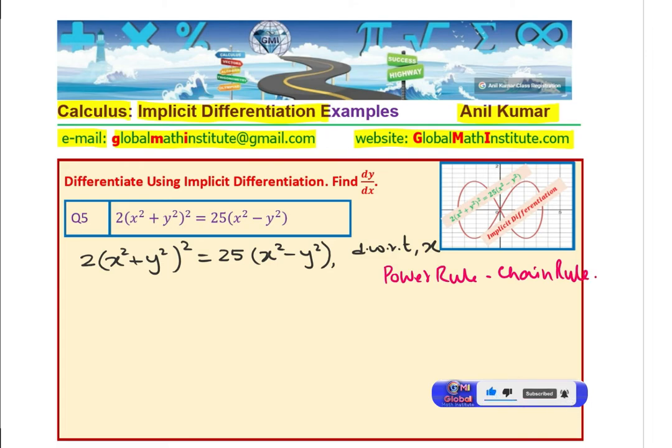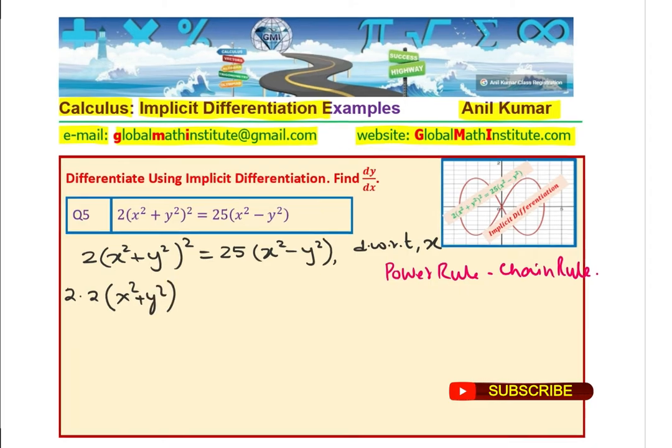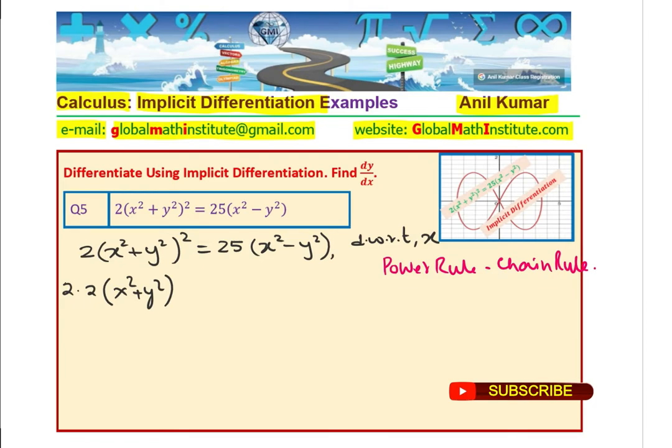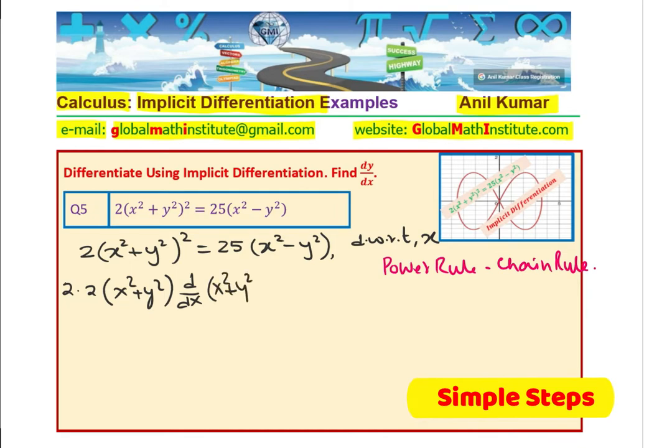So what we get here is 2 times x squared plus y squared to the power of 1 times d dx of inside function, right? On the right hand side, we get 25 times derivative of x squared is 2x and that of y squared is 2y dy dx, correct?